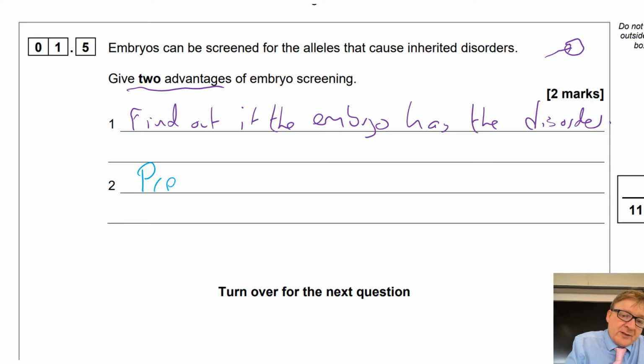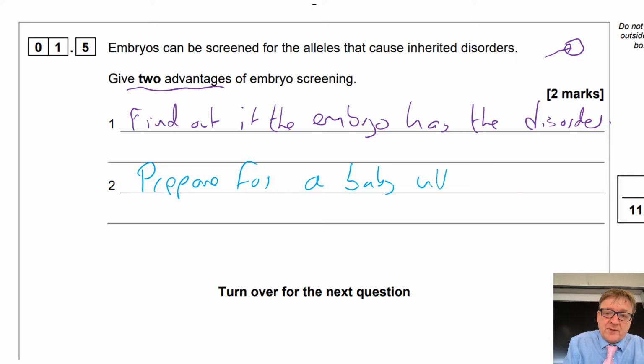The second one could be to prepare for a baby with the disorder. If you know that your baby is going to have an extra finger, you can kind of mentally prepare for that. If you've got a baby that's going to get cystic fibrosis or potentially get cystic fibrosis, then that's much more serious because that's a much more long-term illness. So you need to be able to prepare and get mentally ready for it.